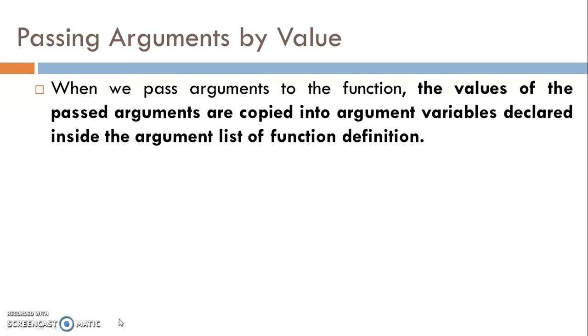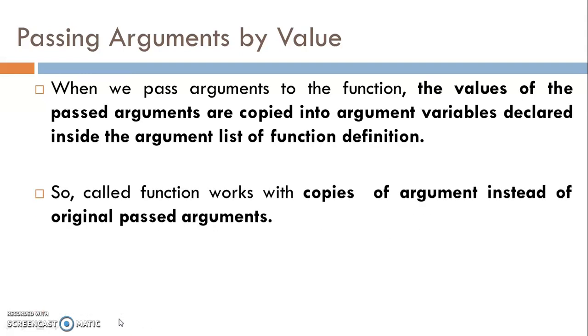Whenever we pass an argument to the function and we pass the value of the argument, then these arguments are copied into argument variables declared inside the argument list of the function. And when we call the function, it works with the copy of the argument instead of the original passed arguments.